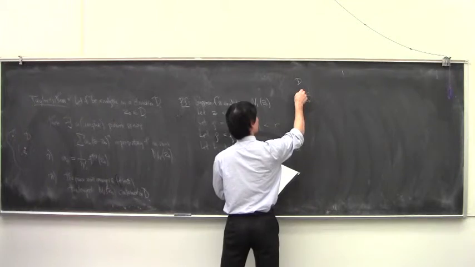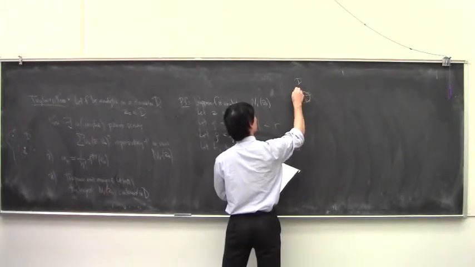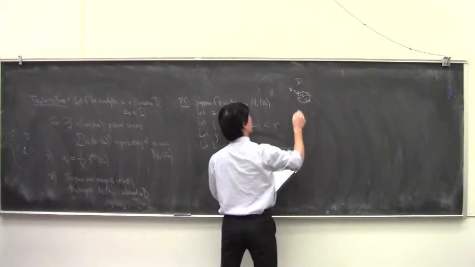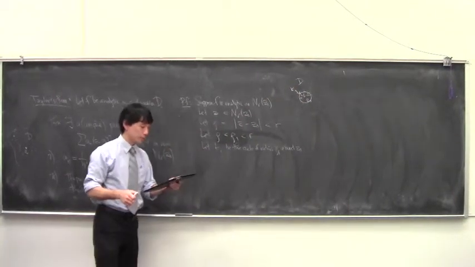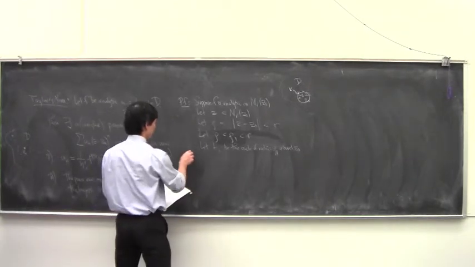So you take something that's a little bit bigger. That's going to be K1. K1's radius is rho 1. Okay. So now observe.